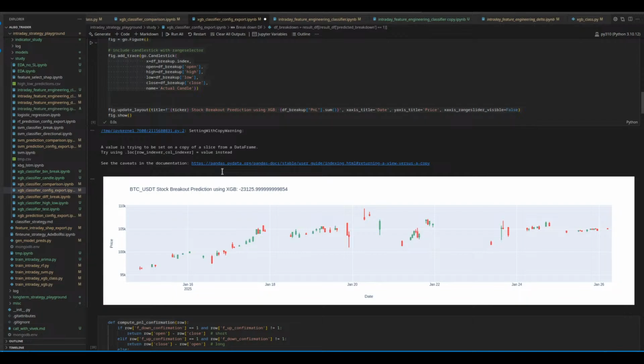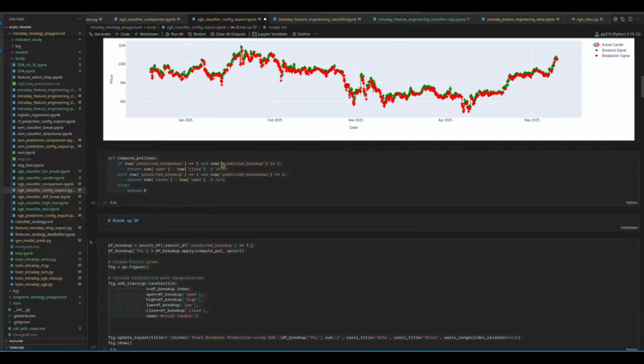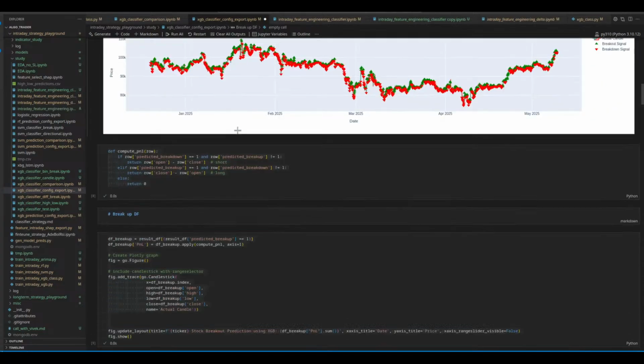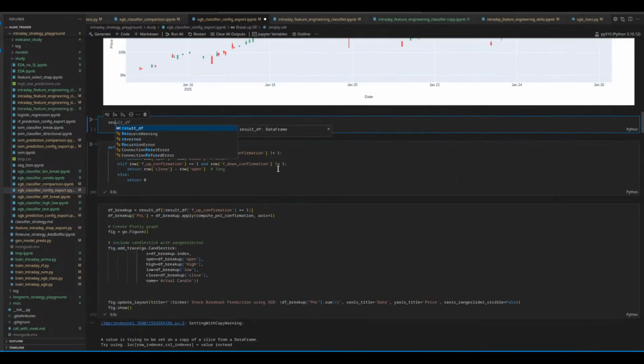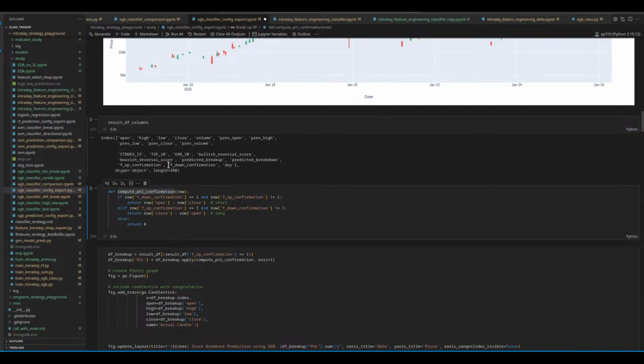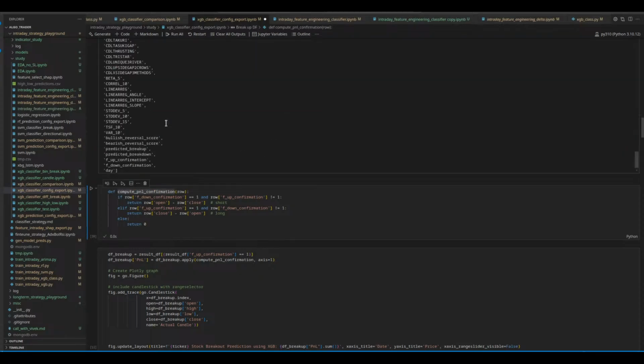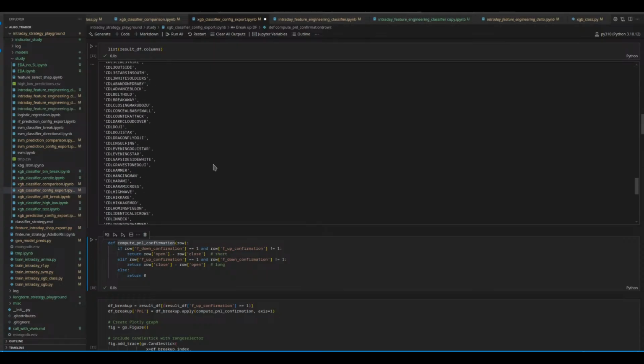Okay, so now I need to identify what all is remaining. I mean, what all features can be used, right? So if we go through my list of columns, result df, you'll see I have 280 columns. So we can assume I have at least 200 features now. However, I'm not using all of them to train the model.